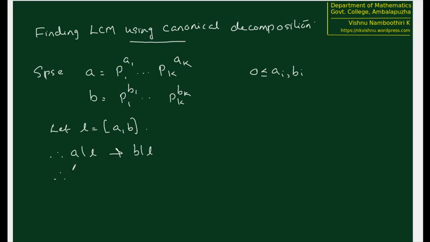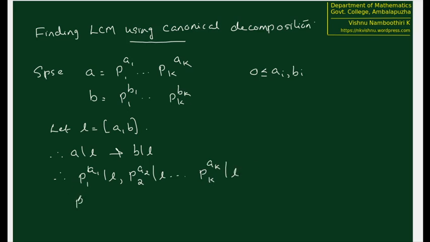So since A divides L, we know that A consists of prime factors P1, P2, etc. up to Pk, and therefore clearly P1 raised to A1 divides L, P2 raised to A2 divides L, etc. Pk raised to Ak divides L.